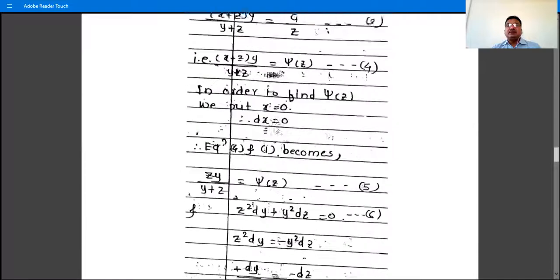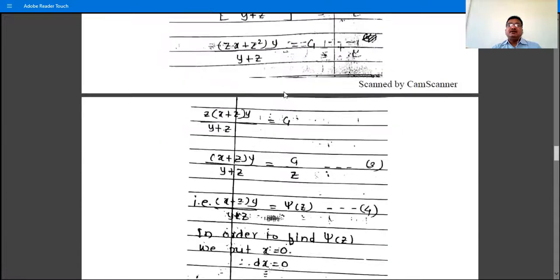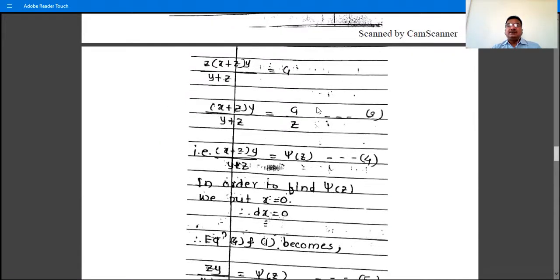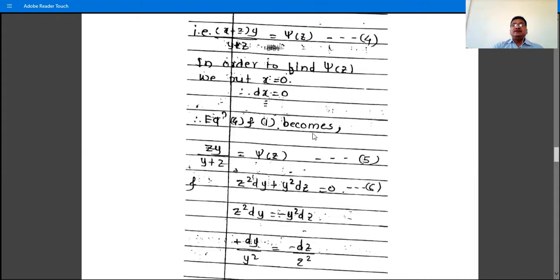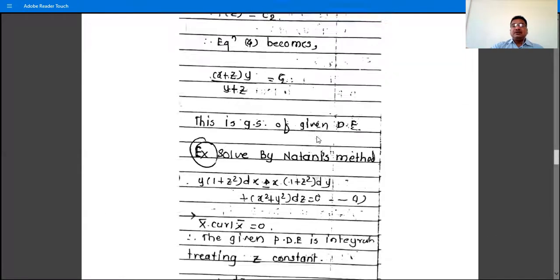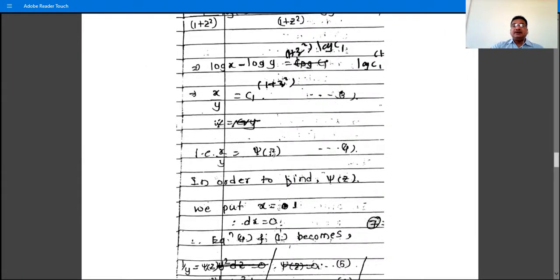So this is Natani's method. After this, shift the function of z to the RHS, a purely function of z, and it is ψ(z). So ψ(z) is now the constant of integration, because z is constant, and therefore the constant of integration may contain z.